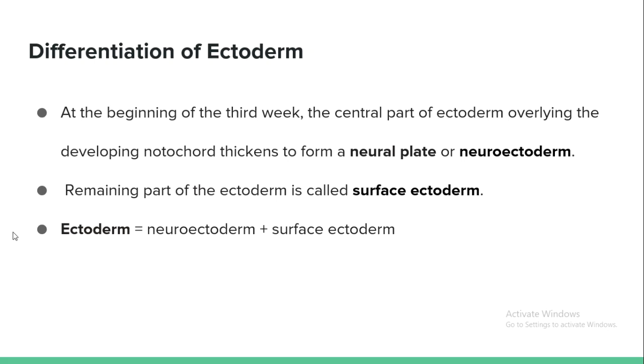So the marking point is the thickening to form a neural plate, or you can say a neuroectoderm.